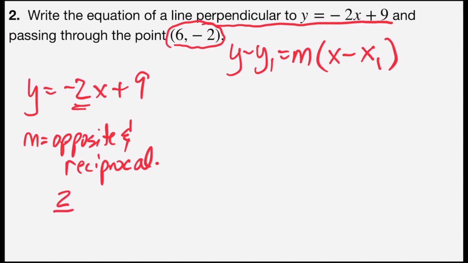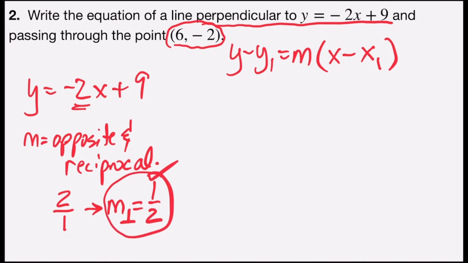If I put that over 1 to show you how to take the reciprocal, which means we flip the fraction or reverse the numerator and denominator, I would find the slope of the perpendicular, that's the symbol for perpendicular, would be 1/2. So now I know that the slope of the perpendicular is 1/2, and I have a point of 6, -2. Now I can substitute in the point-slope form.